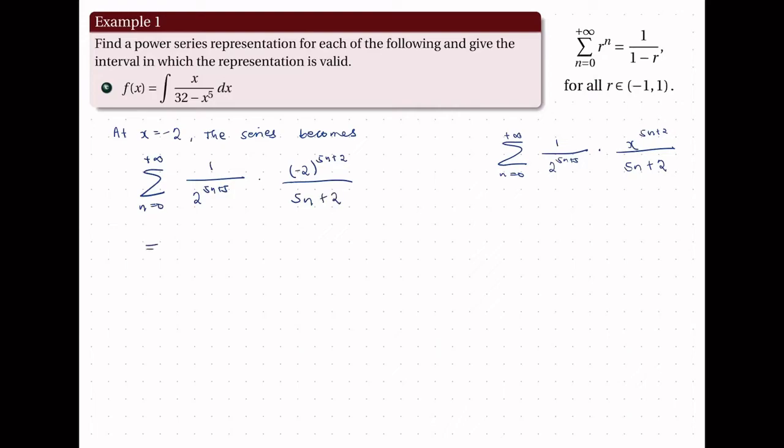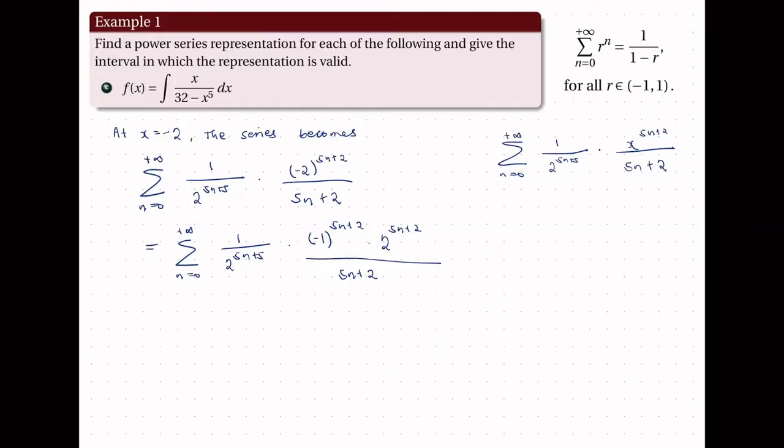Simplifying this, we get the summation from n equals 0 to positive infinity of 1 over 2 raised to 5n plus 5 times -1 raised to 5n plus 2 times 2 raised to 5n plus 2 all over 5n plus 2.